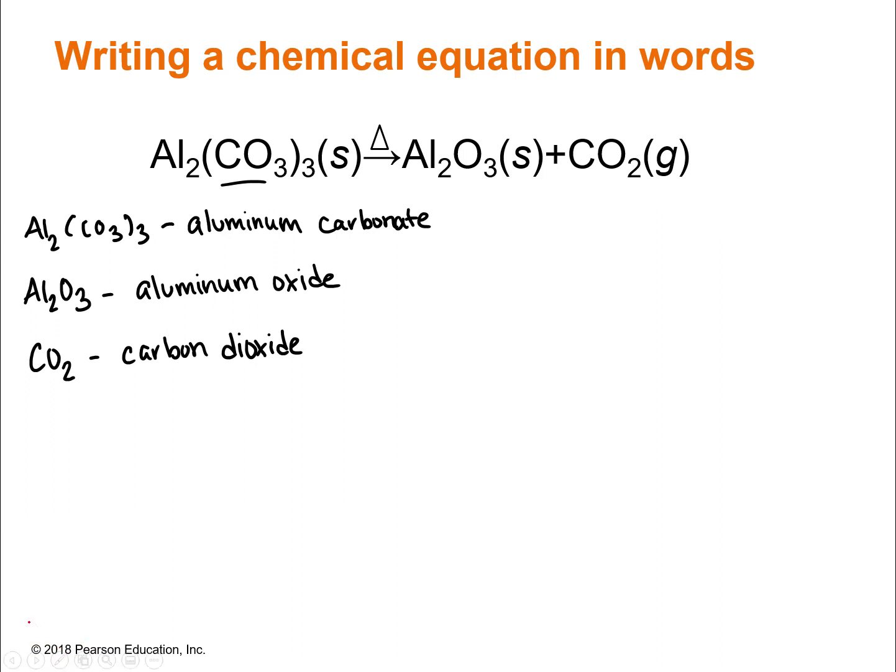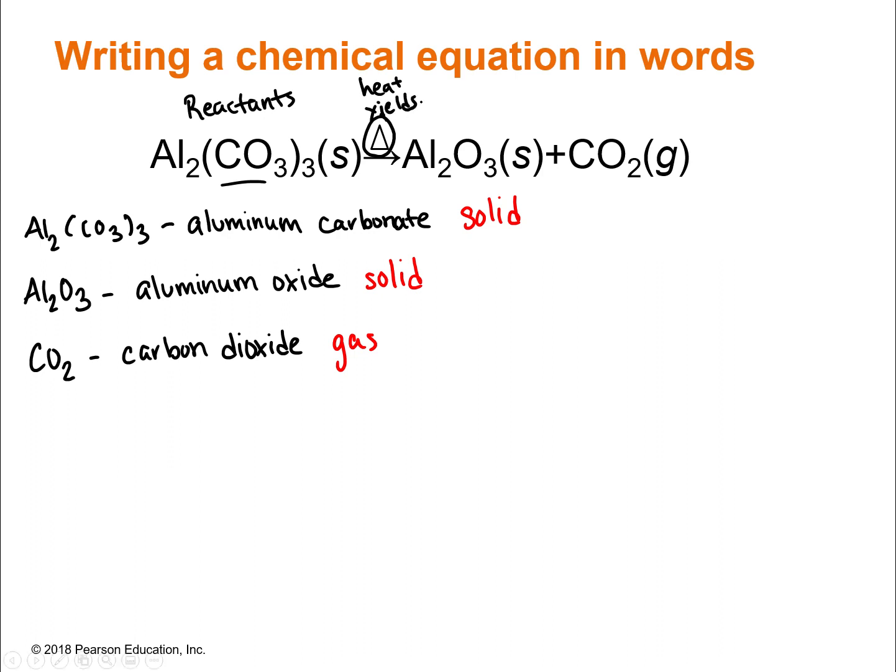Now we put all our states of matter. We've got solid for the aluminum carbonate, solid again for the aluminum oxide, and gas for carbon dioxide. Reactants are on the left-hand side. We see the triangle here, so that means heat along with our yields.